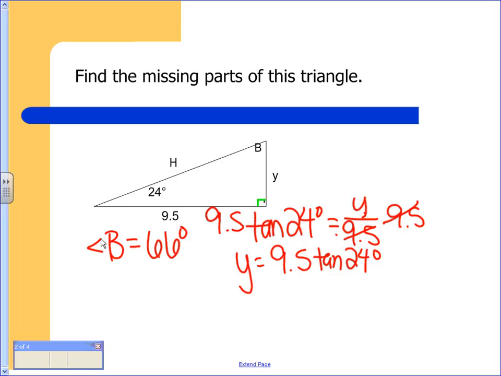So see if you can plug that into your calculator correctly. Okay, have Y and H. Just type that into your calculator exactly as it's written, right? 9.5 tangent of 24.